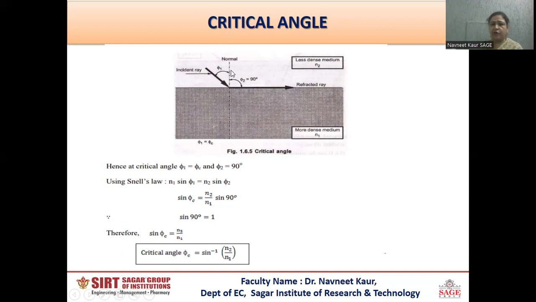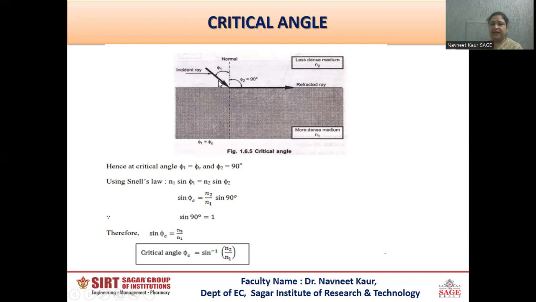Now, this angle of incidence is known as the critical angle. So here we conclude that at the critical angle, denoted by phi c, the angle of refraction will be 90 degrees. If I increase the angle of incidence beyond this critical angle, the angle of refraction will be more than 90 degrees, and the ray will stay in the first medium only.